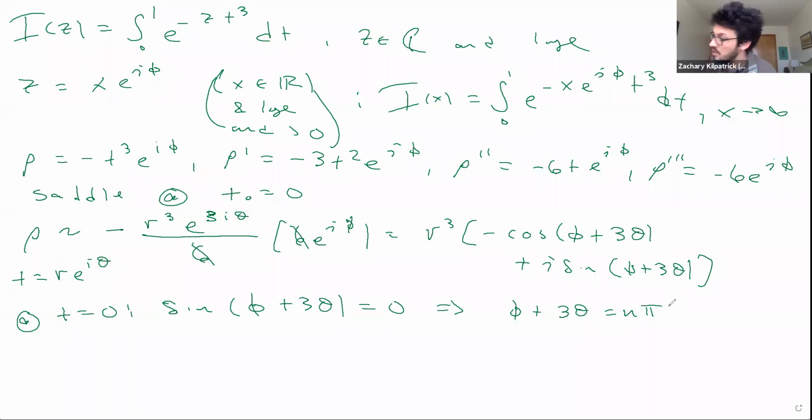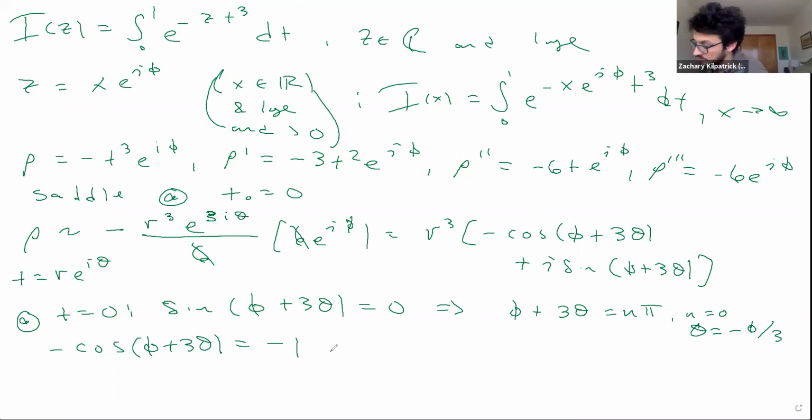Okay, so it turns out for this problem we only need to choose one of these. So if we choose n equals 0, then we have that theta is equal to minus phi over 3. Okay, and that's consistent with where we need cosine of phi plus 3 theta equal to minus 1.